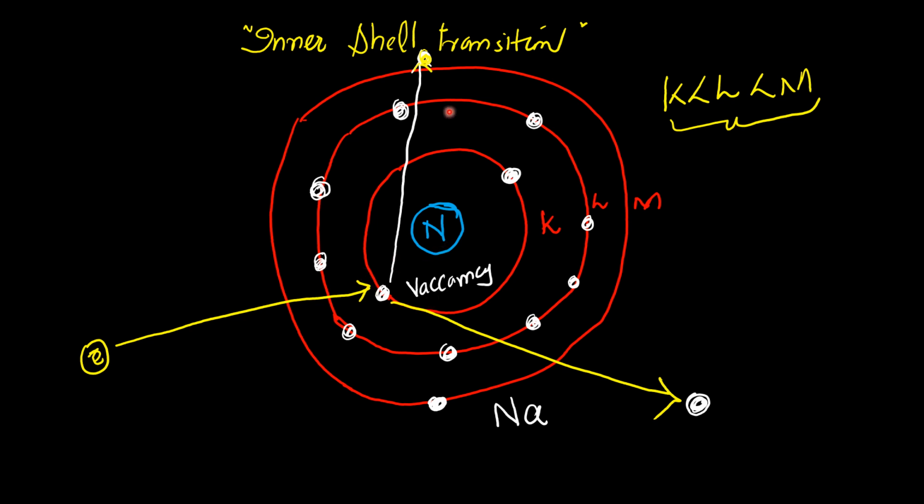This means that when there is a vacancy in the K shell, the innermost shell, the structure of the atom is unstable. In order to make the structure of the atom stable, an electron from the L or M shell will jump into the vacancy of the K shell. And whenever an electron from a higher shell like L shell and M shell jumps, it will cause generation of characteristic X-rays.